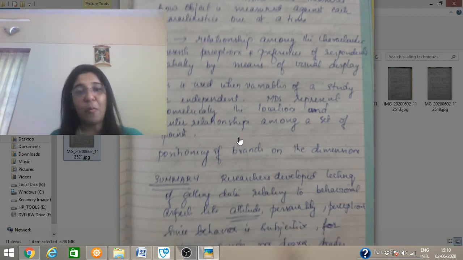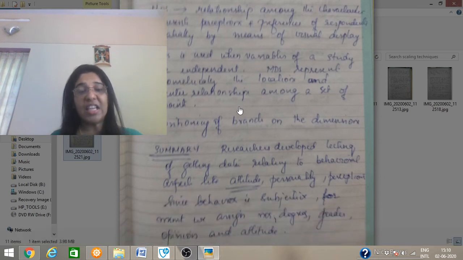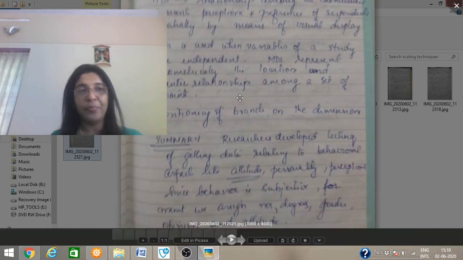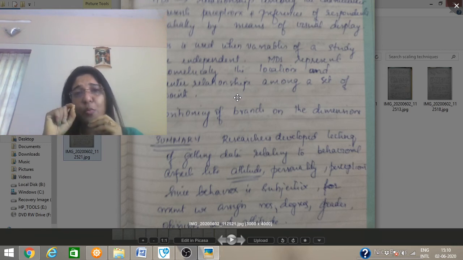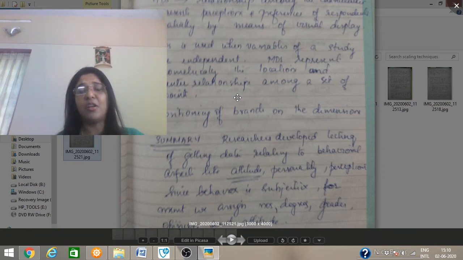MDS represents geometrically the location and interrelationship among a set of points. If the number of brands or products is very large, you put small marks for each brand, and you can find out the position of your brand on the dimension, how people perceive your brand, etc. A spatial representation in a multidimensional area is called multidimensional scaling.